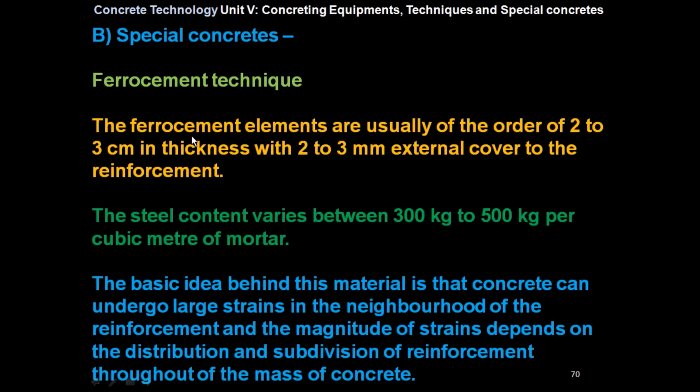The ferrocement elements are usually of the order of 2 cm to 3 cm in thickness with 2 mm to 3 mm external cover to the reinforcement. The steel content varies between 300 kg to 500 kg per cubic meter of mortar.